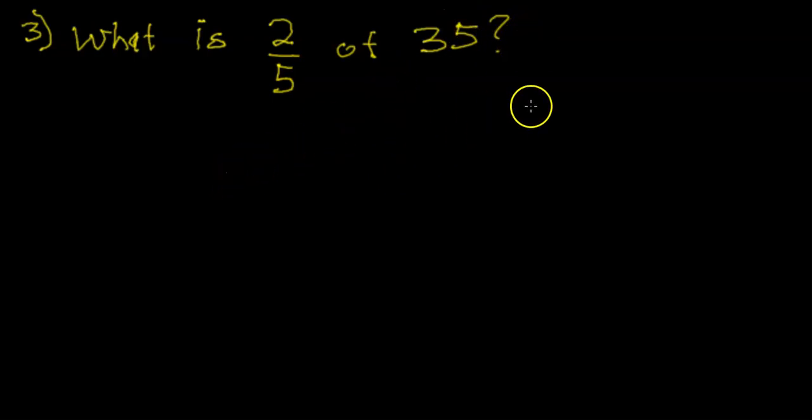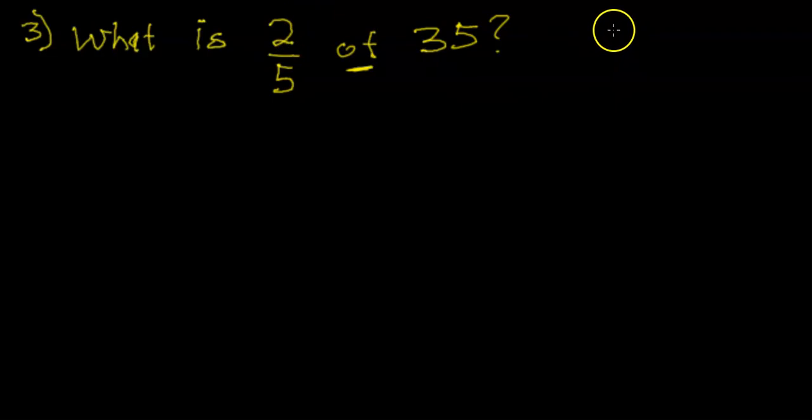Quick way to solve this is just multiply based on this keyword. Interpretation is I have 35 items. I'm going to divide it into 5 equal parts and take 2 of the parts or portions. 35 divided into 5 equal portions and take 2.